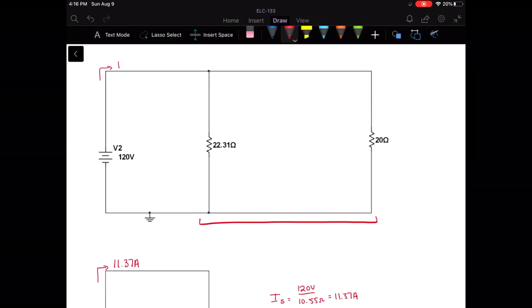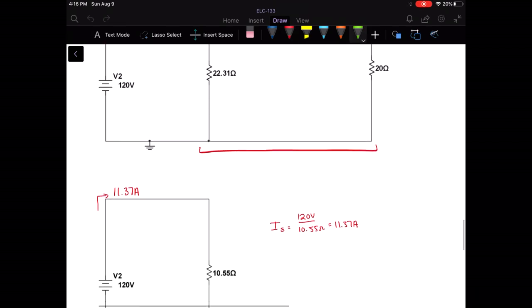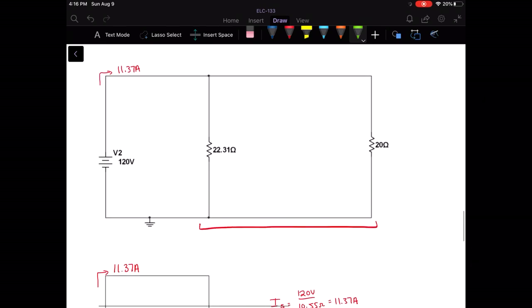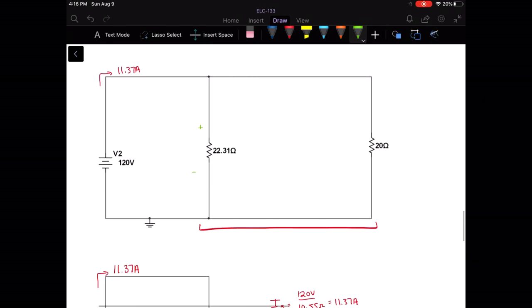We have that 11.37 amperes here. And the 10.55 ohm resistor is now split into two parallel resistors, and those are both in parallel with the source, which means they have 120 volts across each of them.